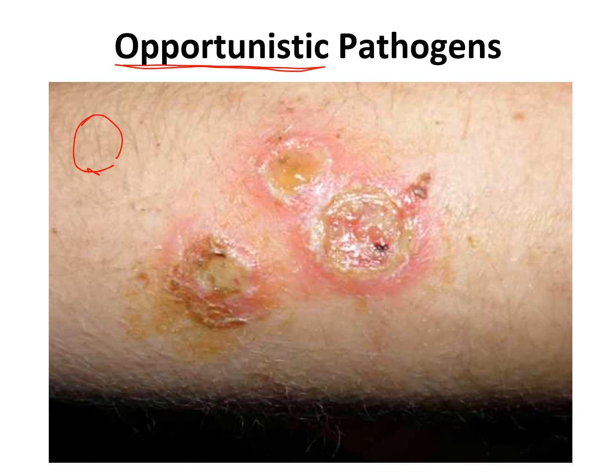But if you get a small cut in the skin and the staph epi can enter deeper into the epidermis, then it will cause an infection. And this is a staph infection. So Staphylococcus epidermidis is an example of an opportunistic pathogen.